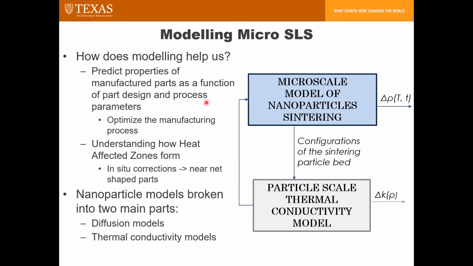The first is modeling solid state nanoparticle sintering, and the results of these simulations feed into the second modeling effort, which is modeling the thermal conductivity of the powder bed. The knowledge that we gain from the thermal conductivity will allow us to calculate new thermal profiles, which are fed back into the solid state sintering models, and it just cycles through.